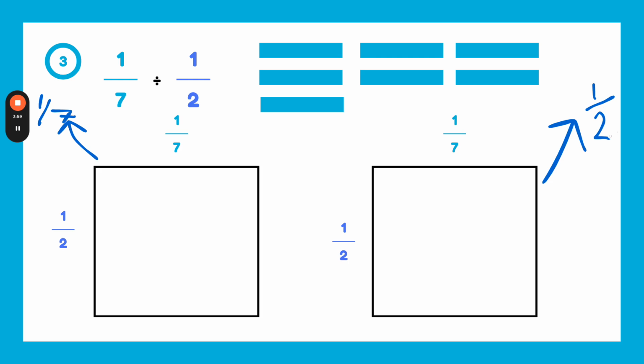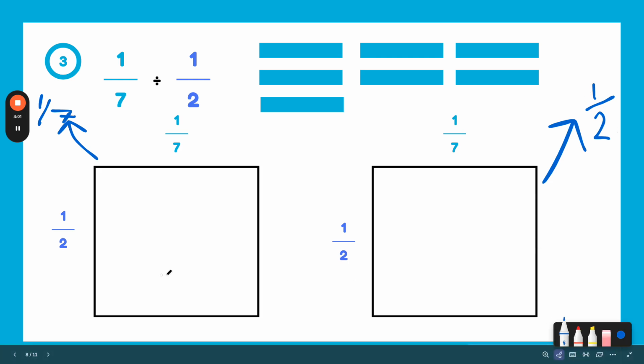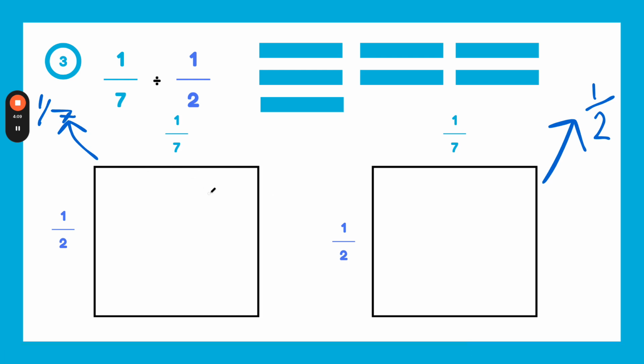If we look at the first square, if we want to represent 1 over 7, that means we need to split this square into 7 pieces and shade one of those pieces to represent 1 over 7.